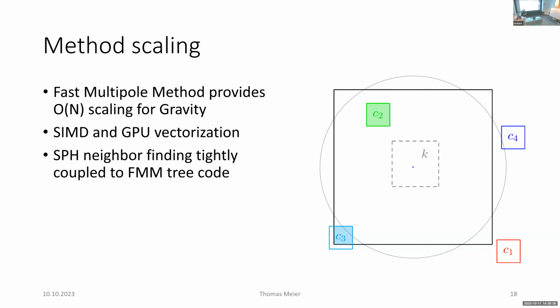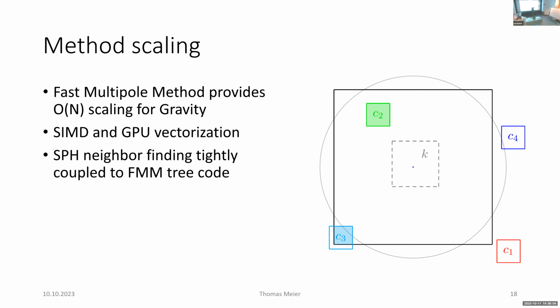And the most computationally heavy part of SPH is finding the neighbors. Which particles do I have to use to calculate my time derivatives? And I tightly coupled it to the fast multipole tree code in a way that speeds things up. So we essentially have a group of particles that live in here.